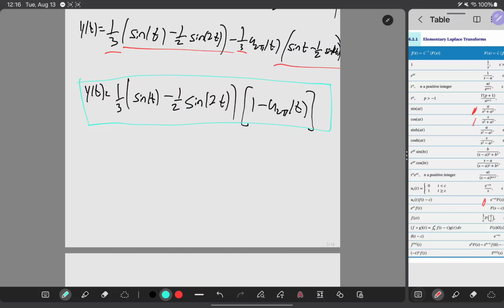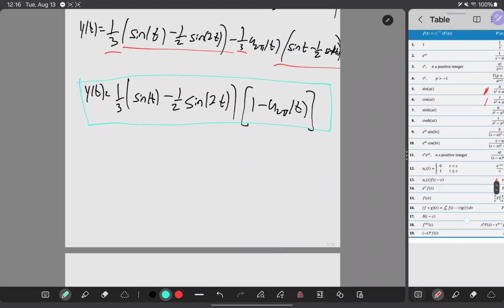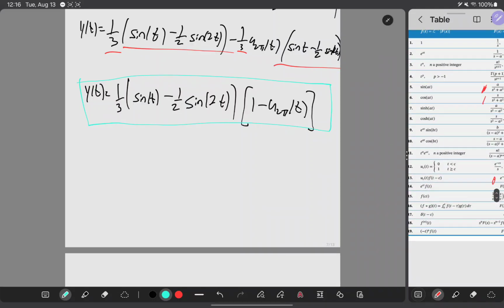And in the next video, I think we're looking at impulse. Yeah, in the next video, we're looking at impulse. Those problems are a lot quicker to do than these ones. That section won't take as long as this one. That just deals with the Dirac delta. We're not gonna look at convolution.